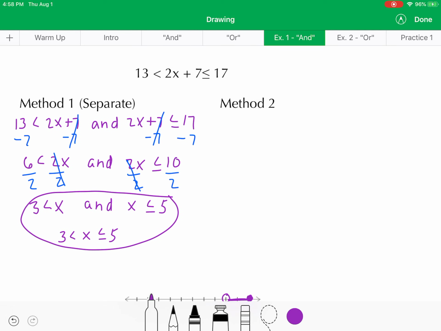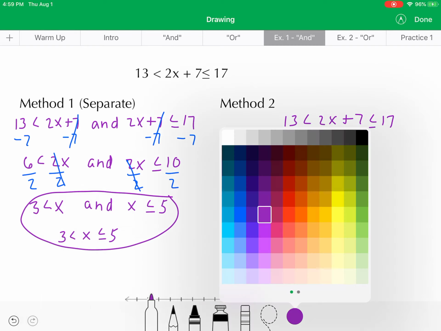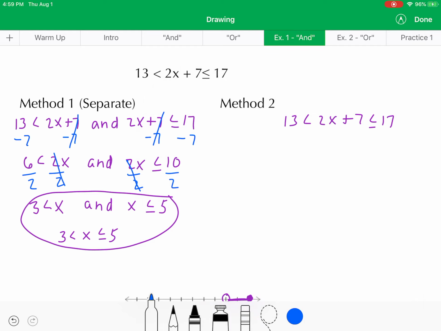In the second method, you don't have to separate into two different inequalities. Notice back in method 1, both halves were solved using the same steps. So what you could do instead is leave it as it was originally presented and just try to get the variable alone in the middle of the inequality. In this approach, the rule would be whatever you're doing to the middle, make sure you do it to the left and to the right of the inequality as well.